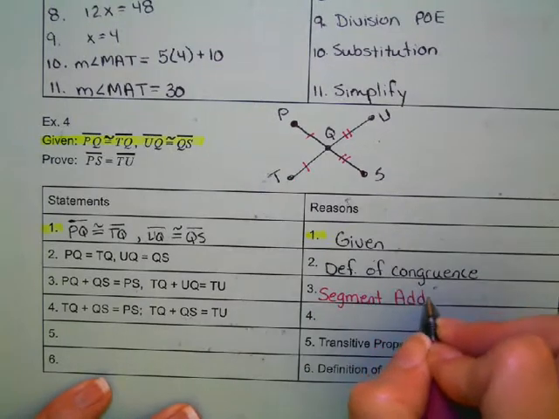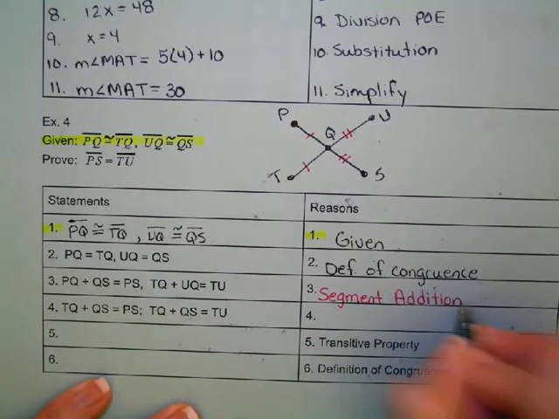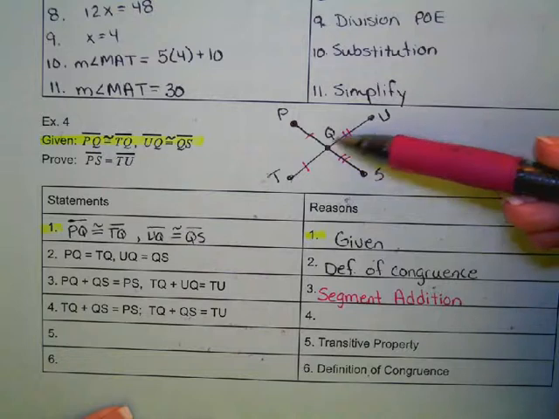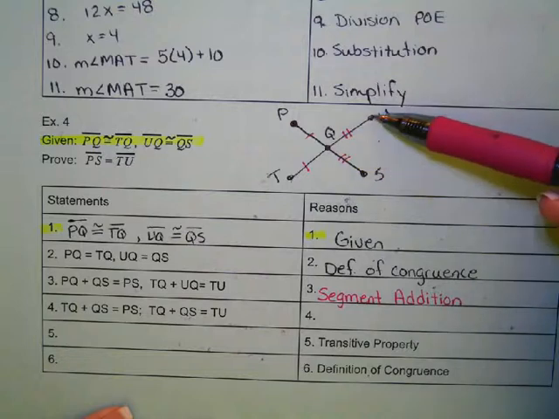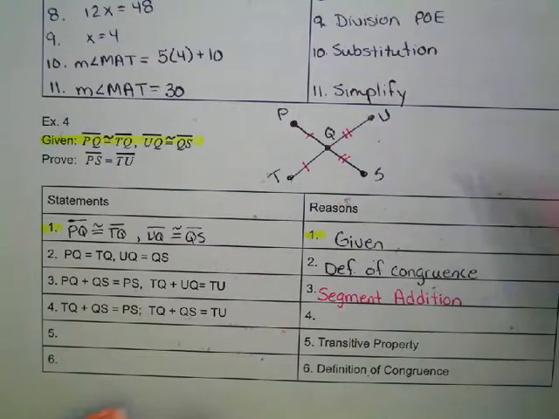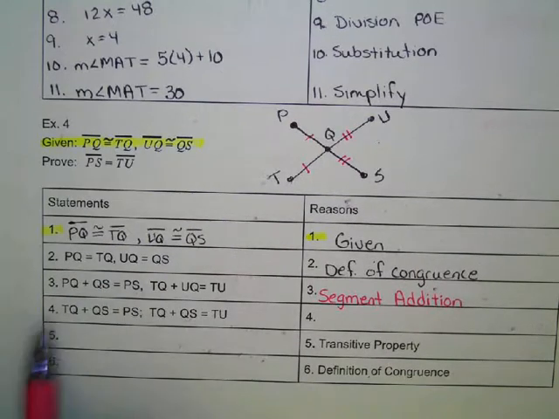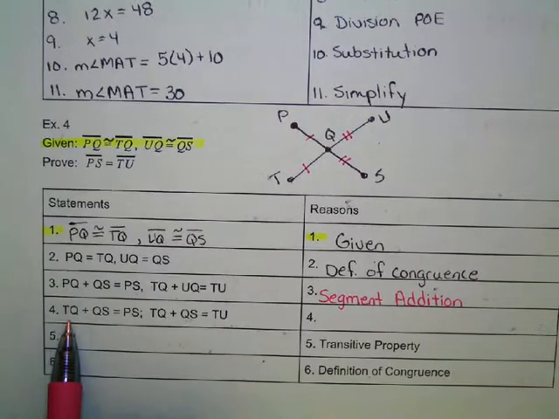The same thing is true on this segment. They said TQ plus QU equals TU. So that's called segment addition. So let's see, what did they do here? This is the same, this is the same, but it looks like they replaced the PQ with the TQ. Why can you replace those two things?